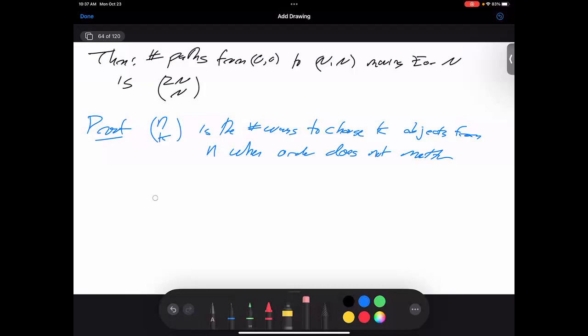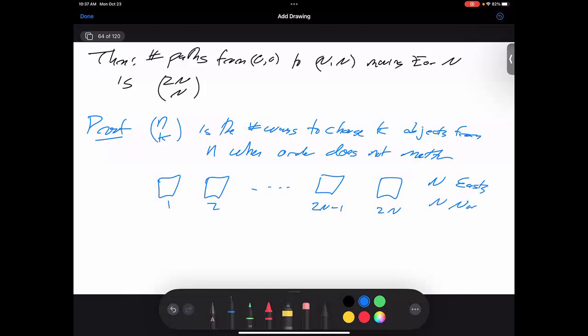So let's think about what's going on. 1, 2, 2n minus 1, 2n. We have n easts, we have n norths. We have to choose some sequence of easts and norths. So how many ways can we choose n of the boxes to be east and n of the boxes to be north?